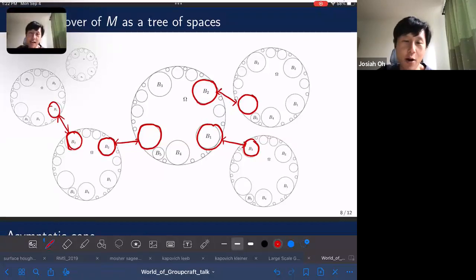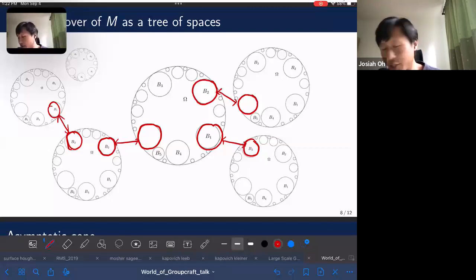And we have that our group gamma, by assumption, admits some quasi-action on this space. So we want to understand the quasi-isometries of this space. And in fact, what we really want is to show that, as I was saying, this universal cover is admitting some structure as a tree of spaces.